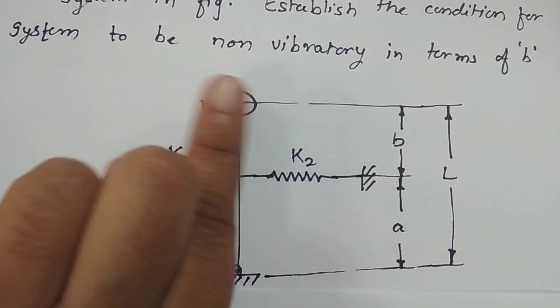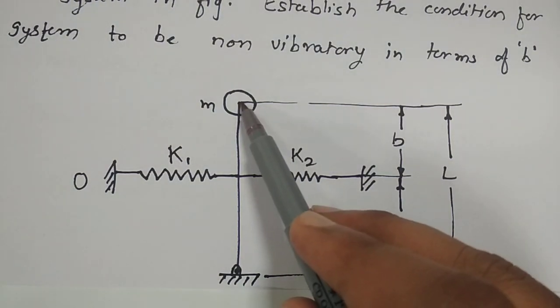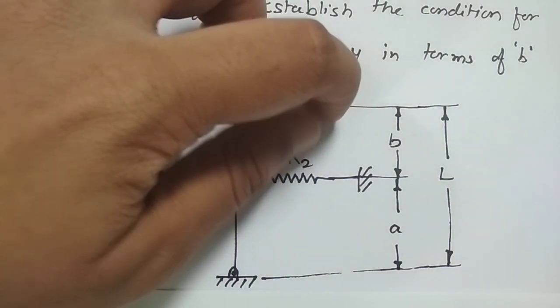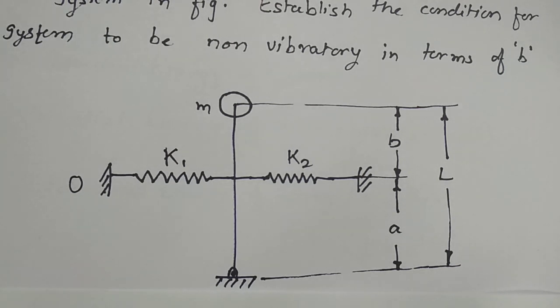After this mass moves downward, there will be a height change. As the mass is moving downward, there will be a negative potential energy, minus mgh, as h is downward.